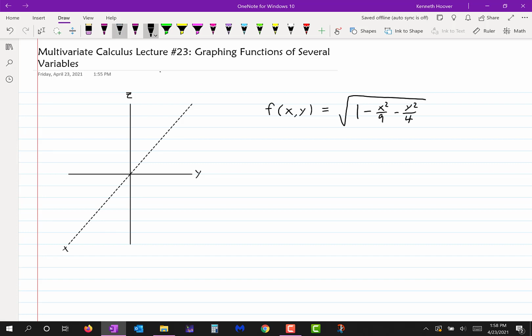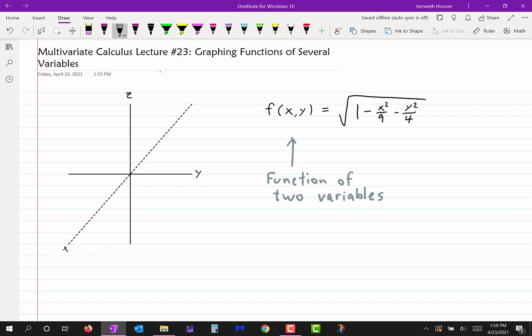Okay, this is what's called a function of two variables. You can see that, right? There's an x variable and a y variable.